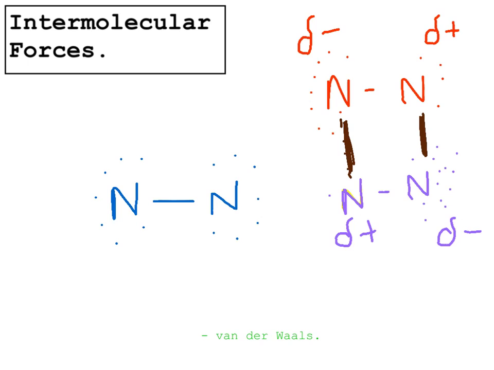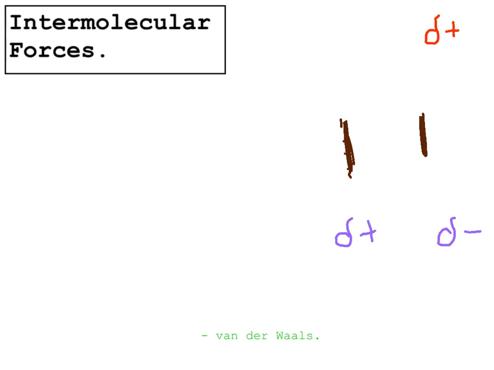There are two things that might make van der Waals forces stronger, which I'm going to explain to you now. To do that, I just need to show you two different molecules. We're going to stick with nitrogen for one of them, and we're going to think about fluorine for the other one.